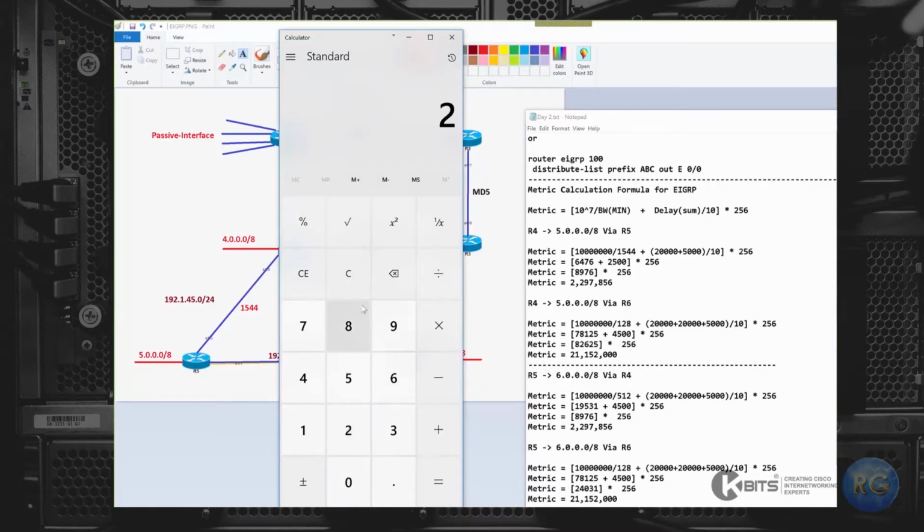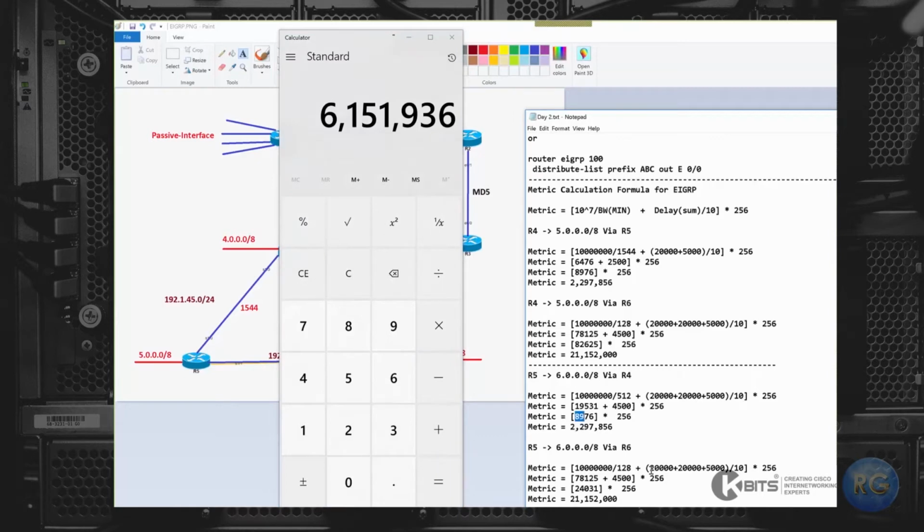So first thing is 19,531 plus 4,500 equals 24,031, times 256, which is roughly what?